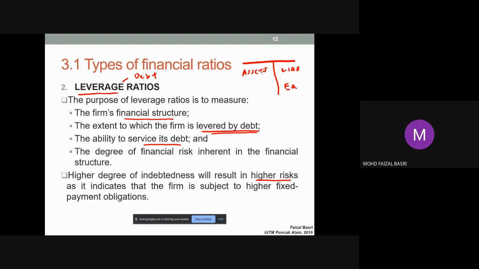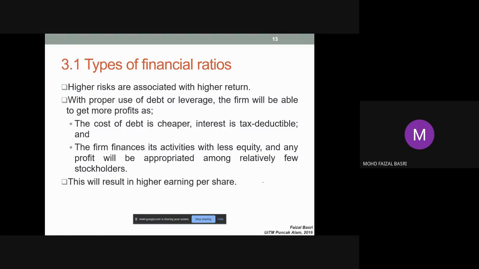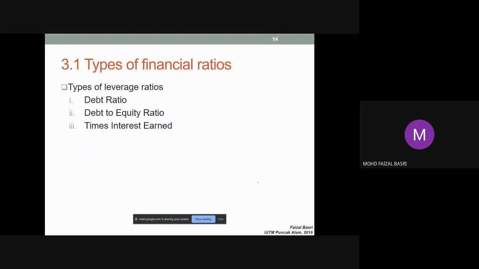Therefore, it's not something that we want, a high-risk kind of situation. These are the 3 ratios under the leverage ratios. All have debt elements, except the last one, where we're going to measure the capability to pay its obligations.